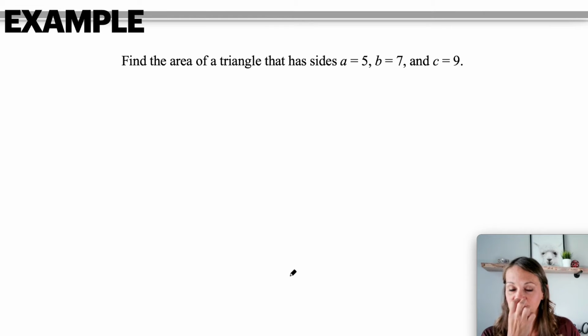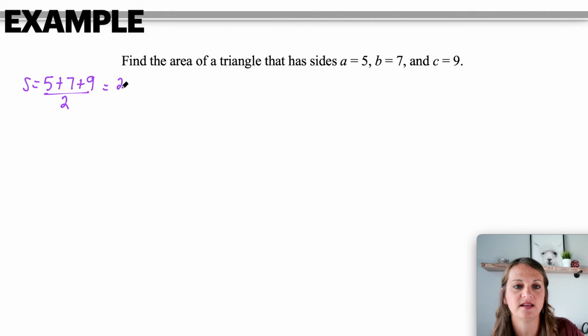We need to figure out, is this a side angle side or a side side side triangle? Since we have all three sides, it's automatically a side side side triangle. So the first thing we need to do is find S. S is adding up all the sides and dividing by 2, which is 21 divided by 2, so it is 10.5.